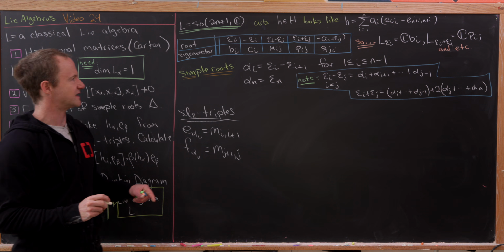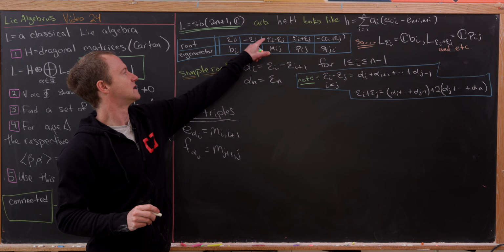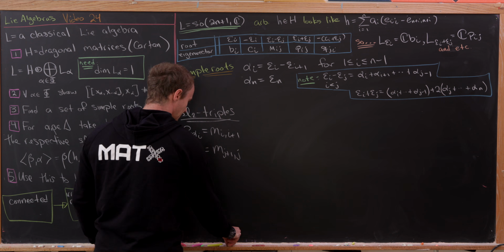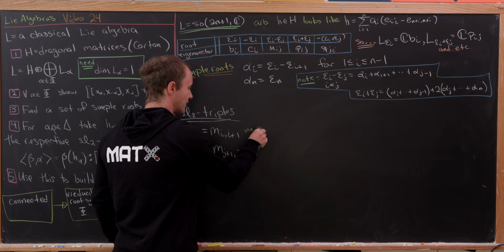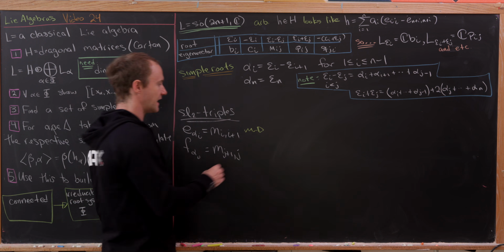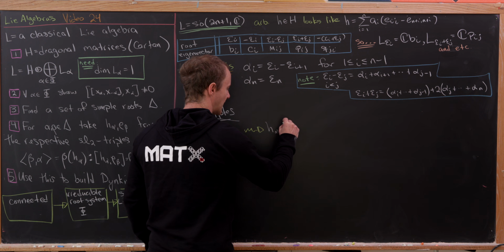And this is just based on, well, let's look at this line right here. But notice that we can put these two together in the case where i is equal to j and calculate H alpha i.